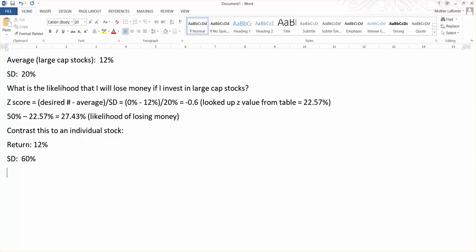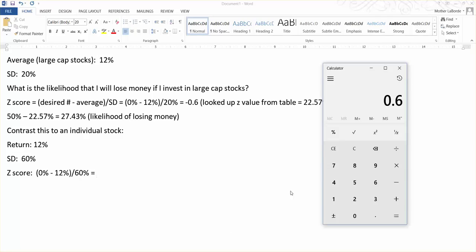So to calculate the likelihood that I would lose money if I invested in Amazon by itself, I would do the Z-score, and it would be 0%. Again, the likelihood that I'm going to lose money minus the mean of 12% divided by the standard deviation of 60%.